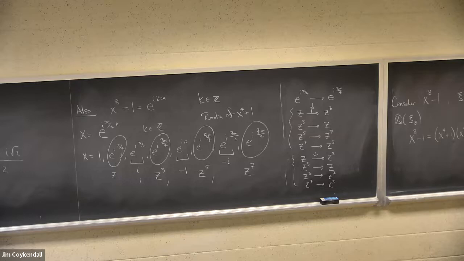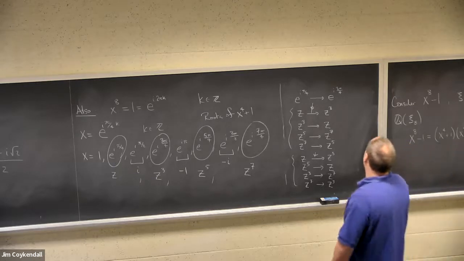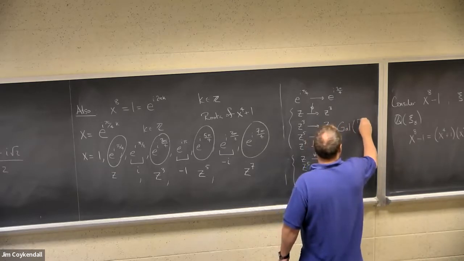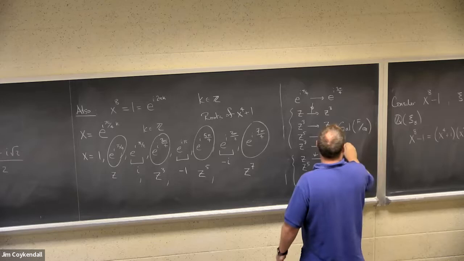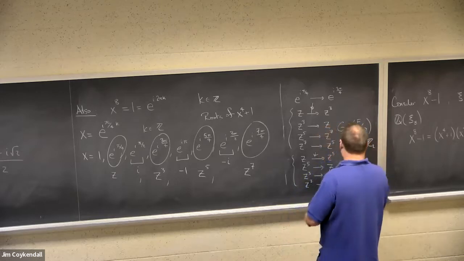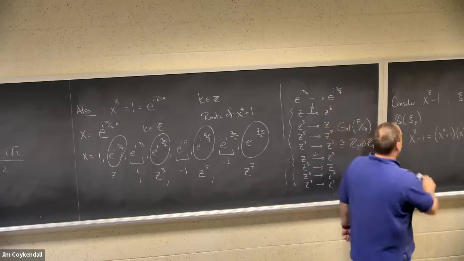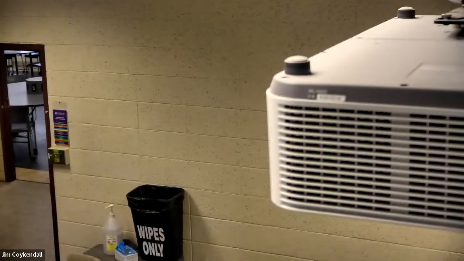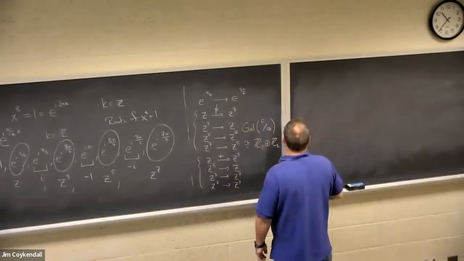It's got 2 elements of order 2, so the Galois group is the Klein four-group. And this jibes with what we were talking about.